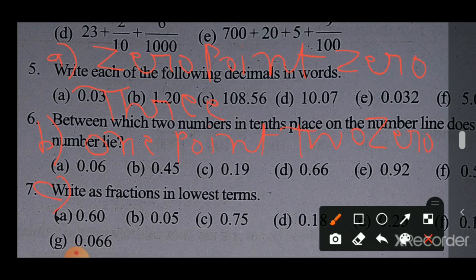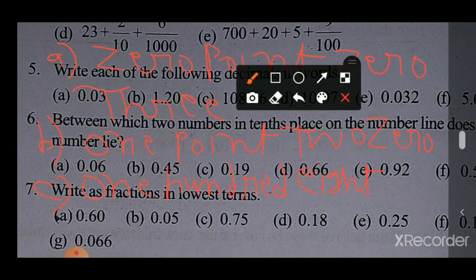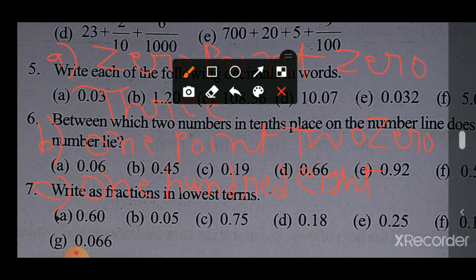For the C part, it is 108.56. So this is the solution for the C part. Like this we can solve the other parts.